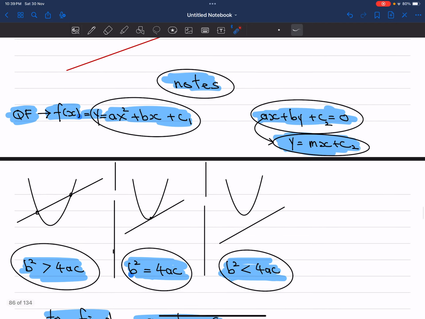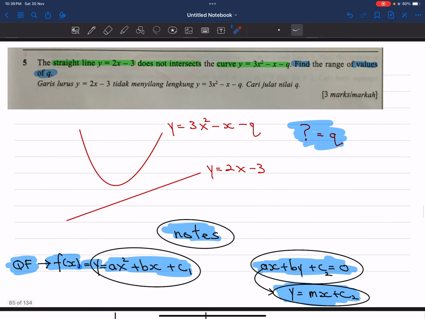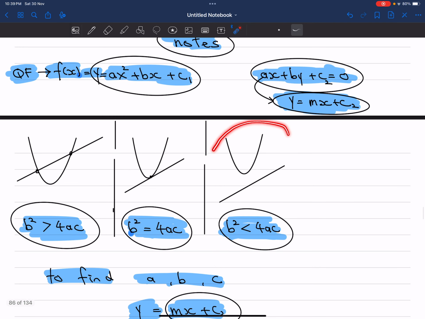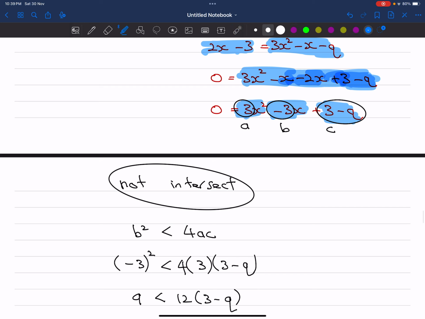Remember, the question said does not intersect. So, does not intersect, b squared less than 4ac. All we have to do is substitute.